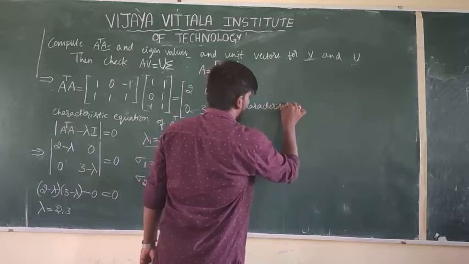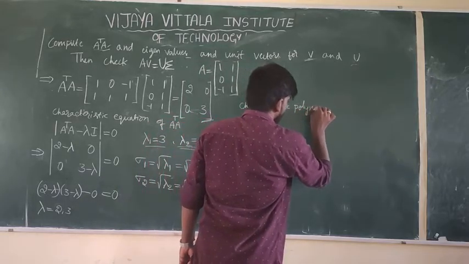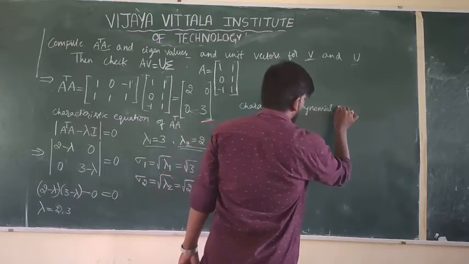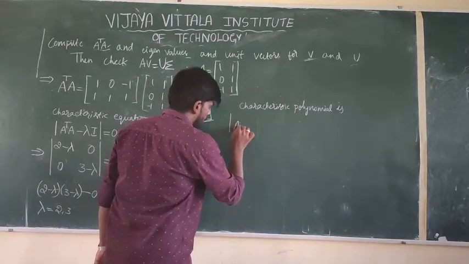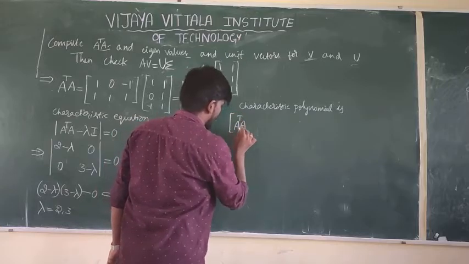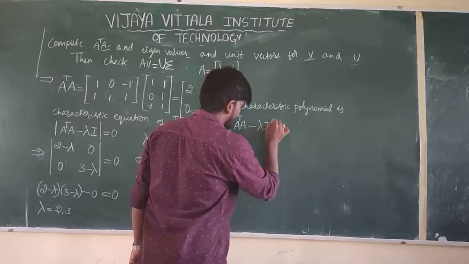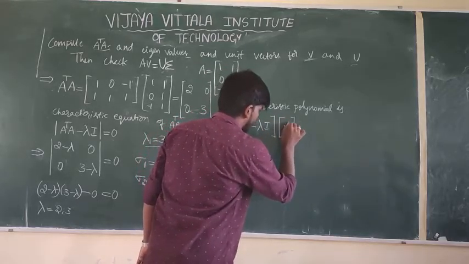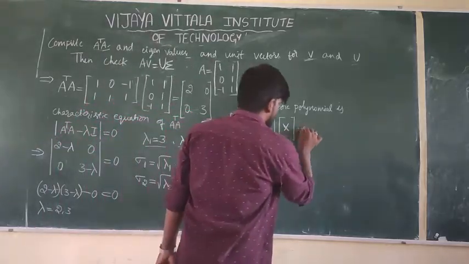The characteristic polynomial is determinant of my matrix A transpose into A minus lambda into I into the matrix X containing x1 and x2, x3, and so on, which is equals to 0.